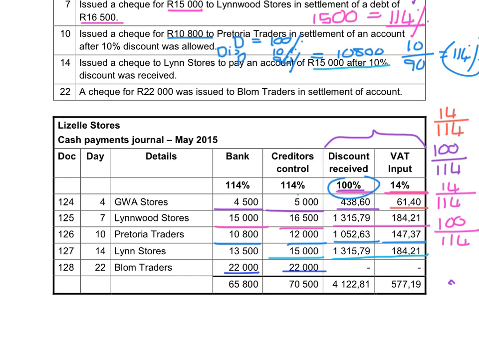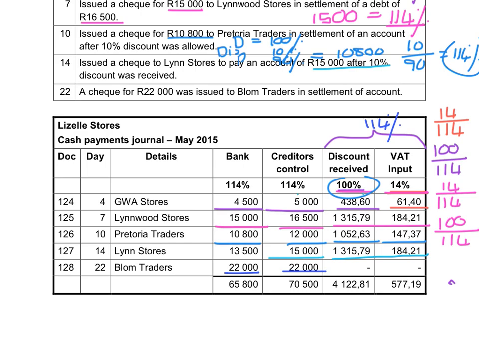It is very important to remember that when a payment is made to a creditor or a payment is made by a debtor, on the payment itself, there's no VAT included, because when the goods were sold, the VAT was already calculated and they are only paying that debt now. It's only when discount is received or allowed that in the discount amount there is VAT included.